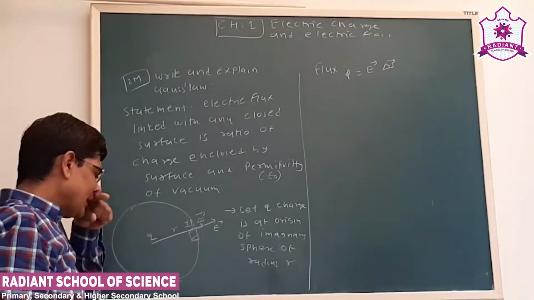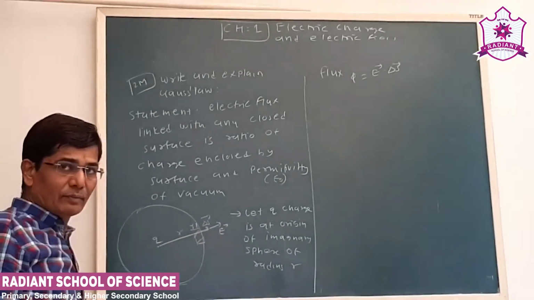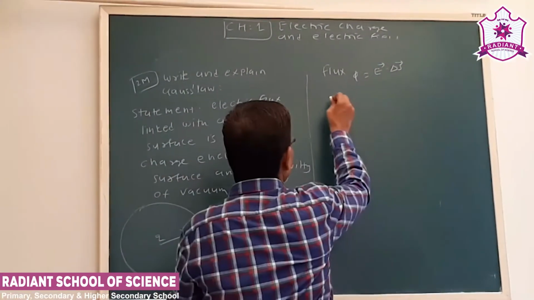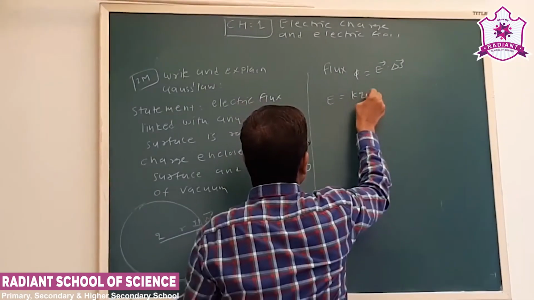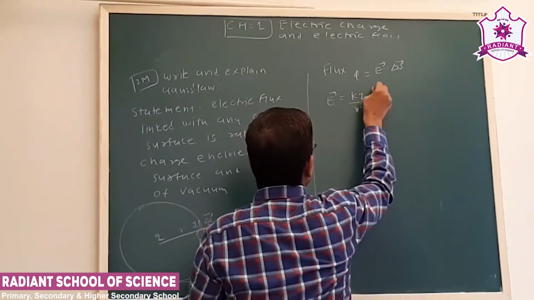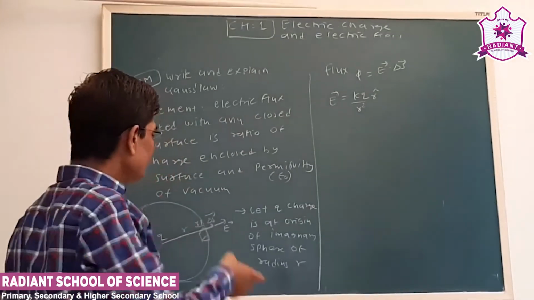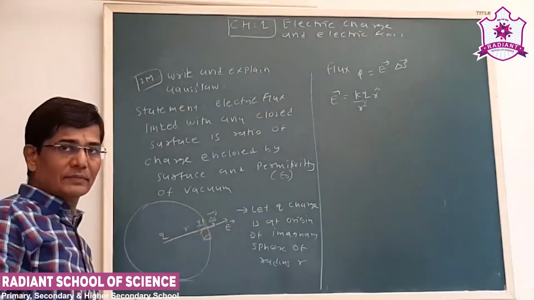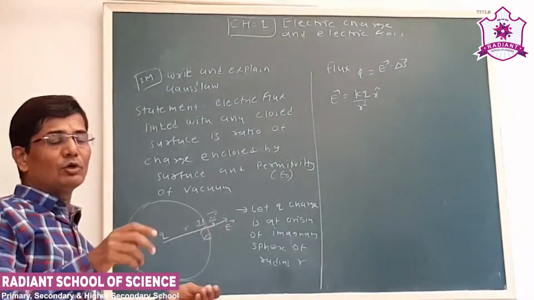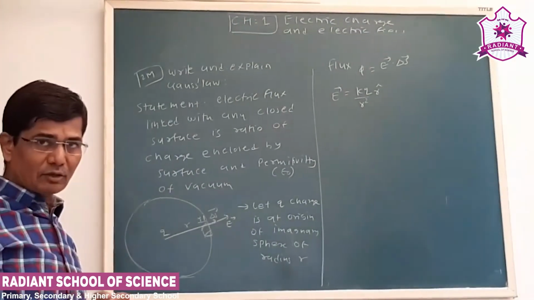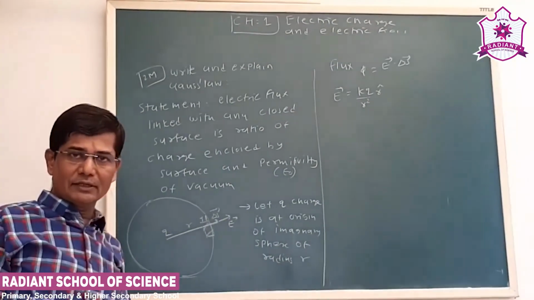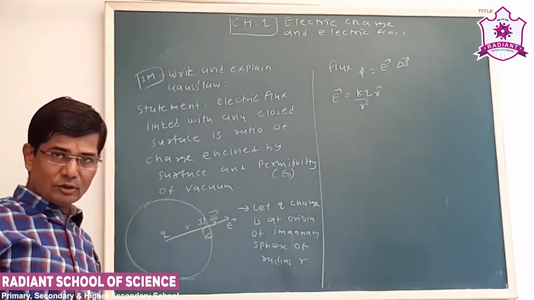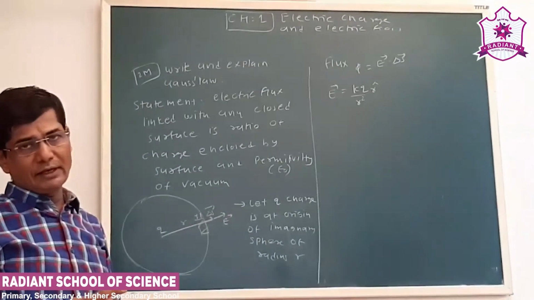Now see, what is the equation of the electric field of a point charge? That we are familiar with: E is equal to kq by r square into r caret. Now any area we consider is a vector quantity. Earlier we have seen in kinematics also that area can be positive as well as negative.